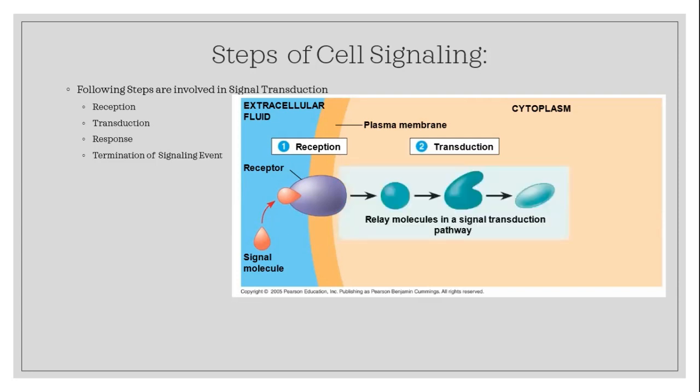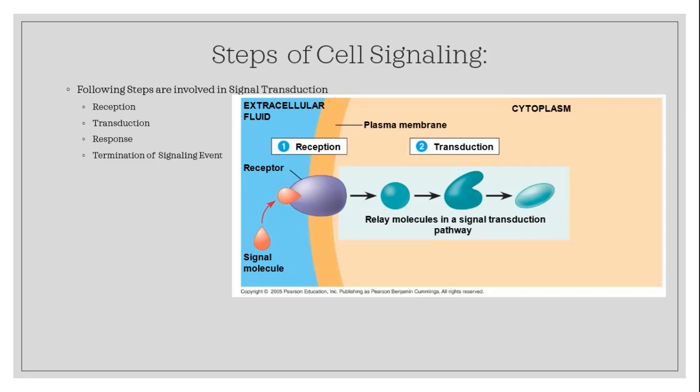Now, the first step. If you see carefully, there's a receptor. The receptor binds to the molecule, and this is called reception of the signal. These binding molecules are called receptors, and there are several receptors in plants. We are going to talk about receptors in detail in the next part. So the first thing that happens is the receptor binds to the signaling molecule.